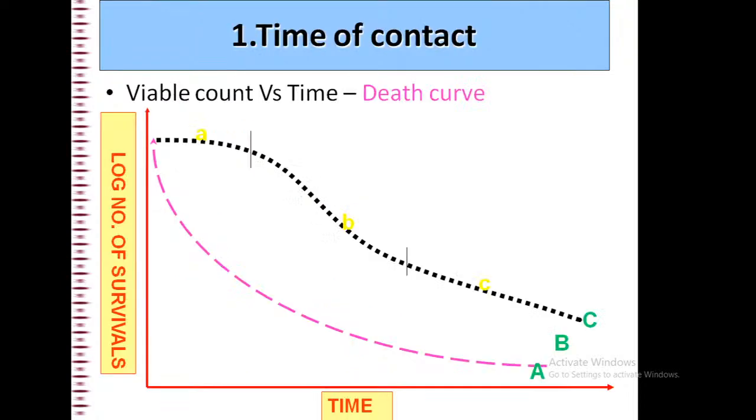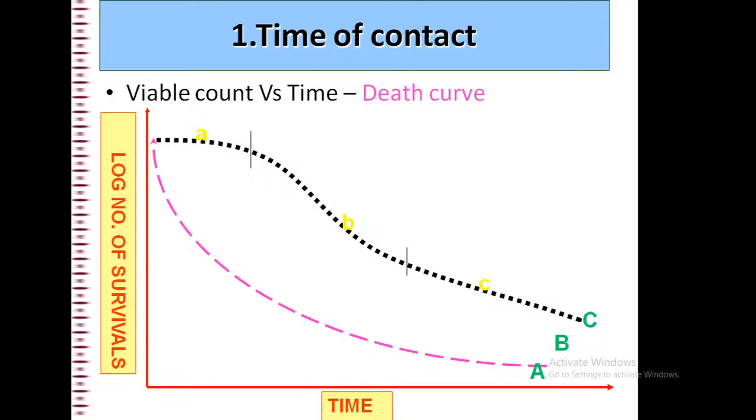See, time of contact. This is the viable death curve, at the last phase. In that, A, B, and C show when the disinfectant is more active.